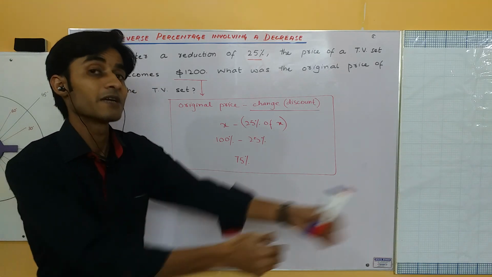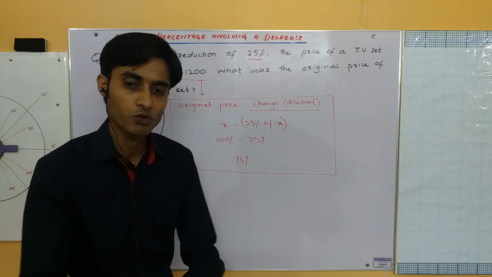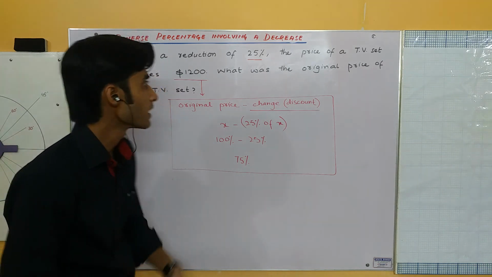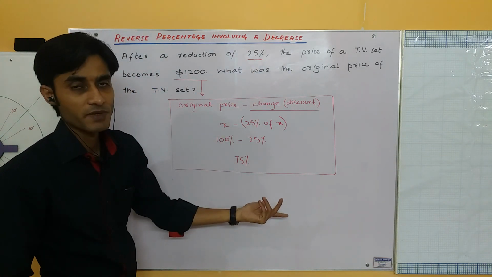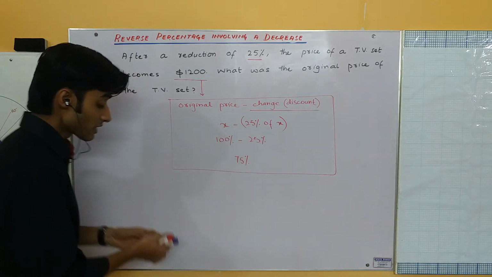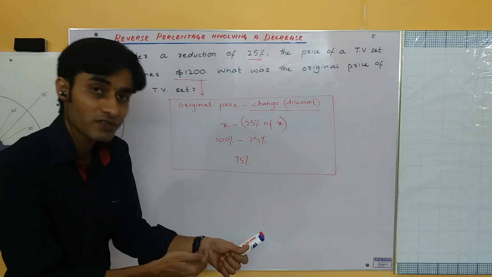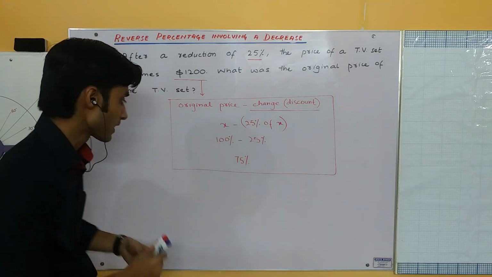If I say 70% off, so if I am reducing 70%, so you are only paying 30%. In the similar way, 25% has been reduced, so I am only paying 75% of something. 75% of the original price. I am paying 75% of something. That something means the original price.